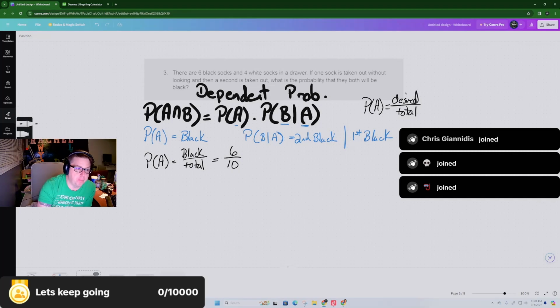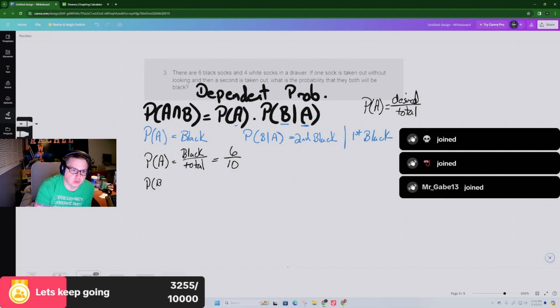Now, let's go to the next piece of this, because this is where the understanding is going to take place, and where independent, dependent just differ from regular probability. So now we want to draw a second black sock out of the total, with the first being a black sock.